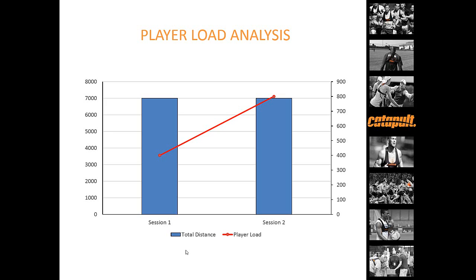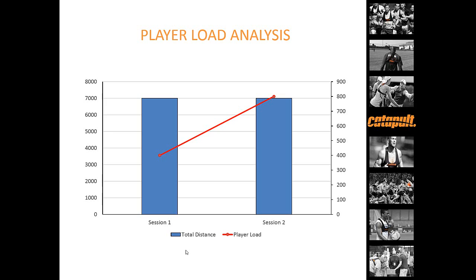In this example, though, we might then say, okay, so we've increased the volume, and now it's actually switched. So player 2's player load is actually now higher than what it was with the previous one. And it's actually then going across sessions. So we've got session 1 and then session 2. So even though the distances are the same, so still 7,000 meters in both sessions, the player load has actually increased between the two.